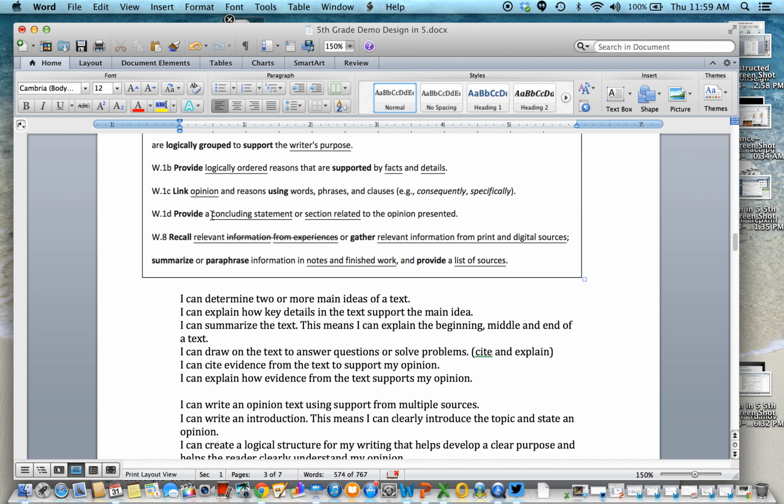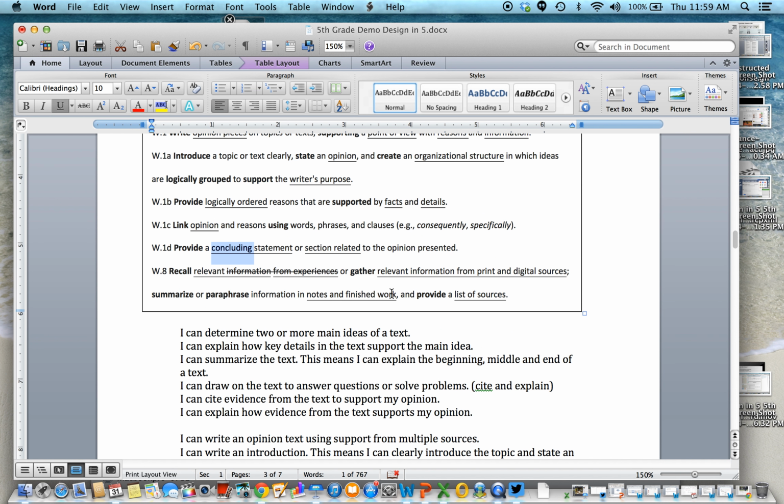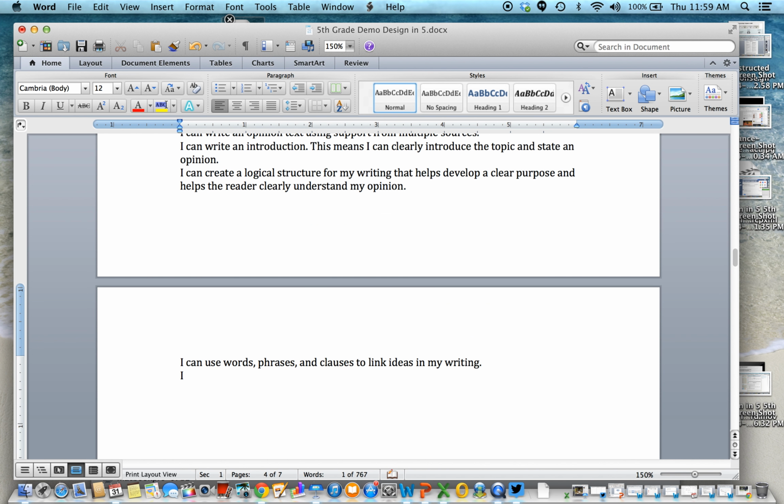And then another criteria of the writing is going to be conclusion. Let's see, what does it really say? Provide a concluding statement or section related to the opinion presented. Okay, so I can provide a conclusion, because it could actually be a sentence or it could be a whole paragraph or section conclusion that wraps up my writing.